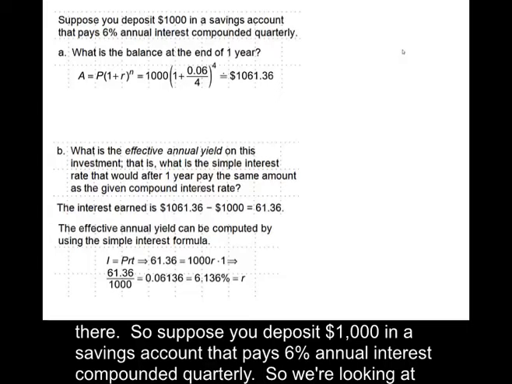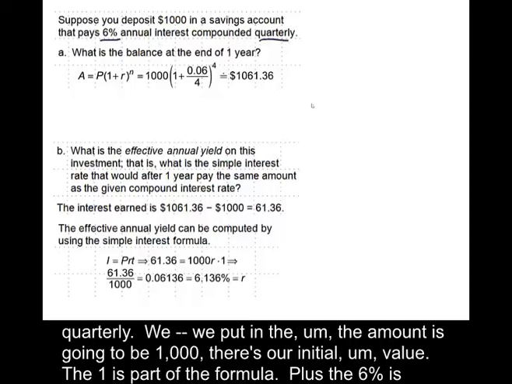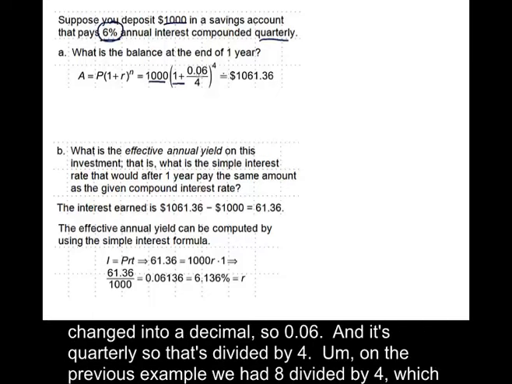So suppose you deposit $1,000 in a savings account that pays 6% annual interest compounded quarterly. So we're looking at quarterly. The amount is going to be 1,000. There's our initial value. The 1 is part of the formula, plus the 6% changed into a decimal, so 0.06, and it's quarterly, so that's divided by 4.